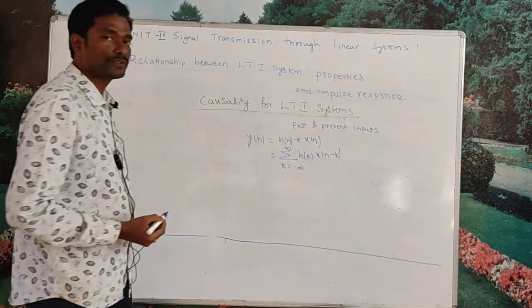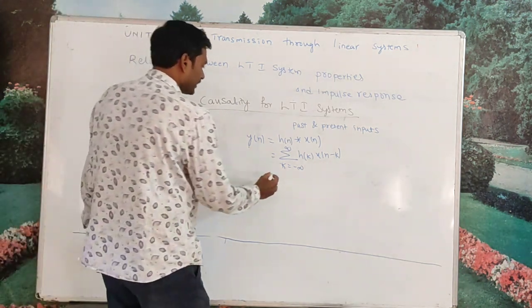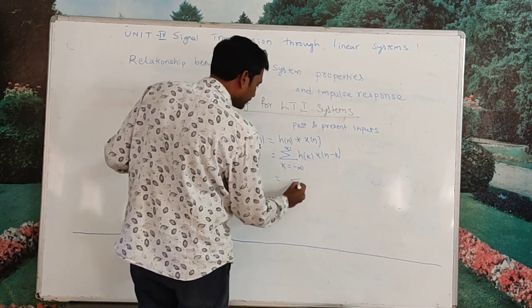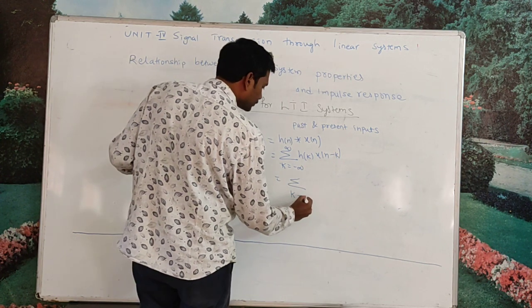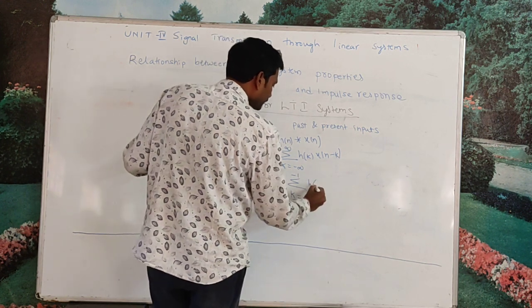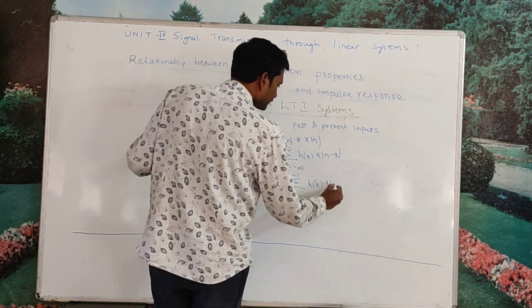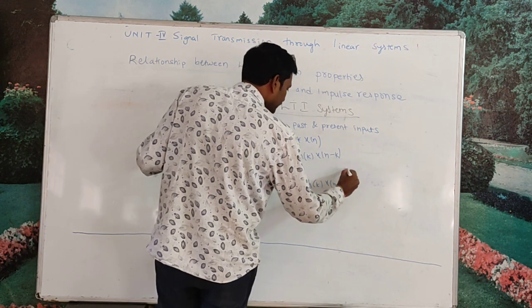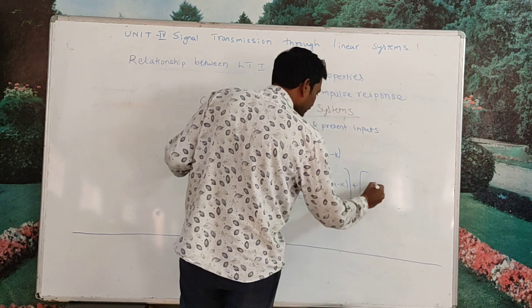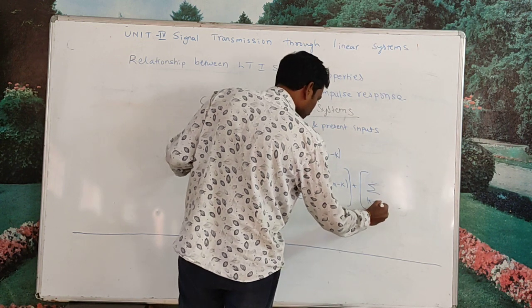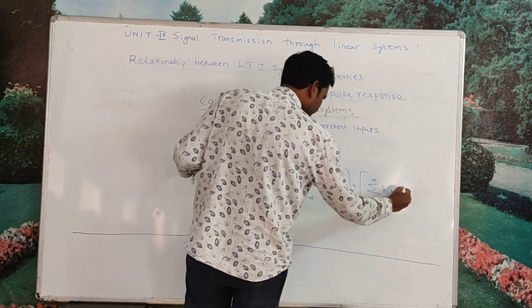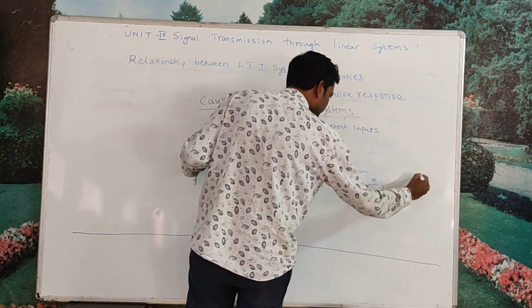This is the convolution sum, we already know this, and let me split this summation. Summation k equals minus infinity to minus 1 h of k x of n minus k, this is one summation, and another summation k equals 0 to infinity h of k x of n minus k.